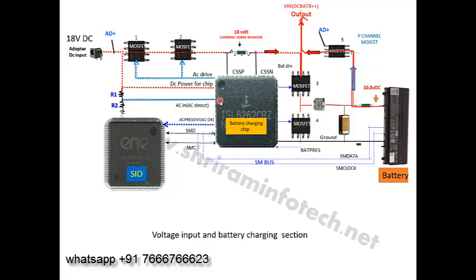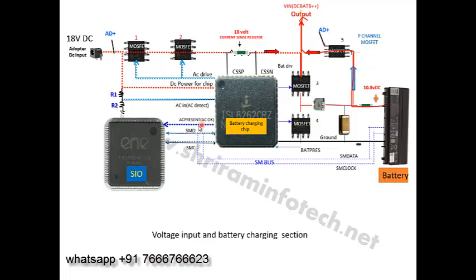then the possibility is a fault in the battery charging chip. If it is not getting 2.4 volts, then the possibility is that these resistors are open. If it's getting more than 2.4 volts but not getting an ACOK signal, then the possibility is the chip.